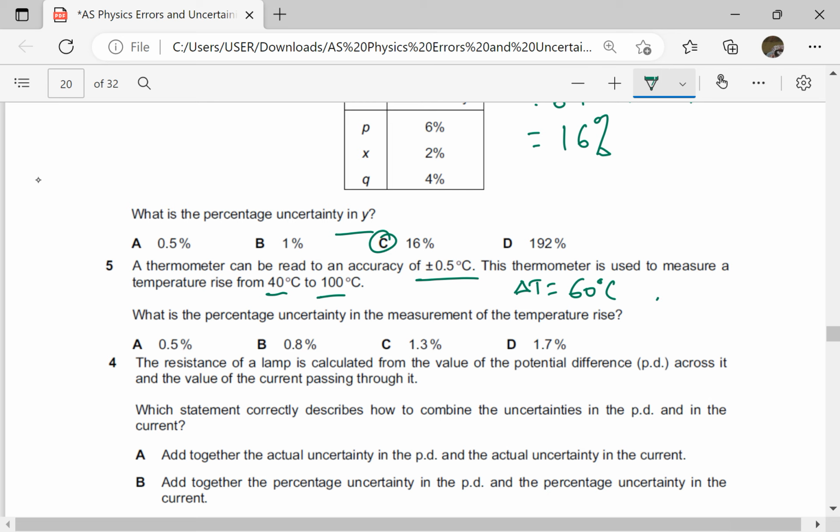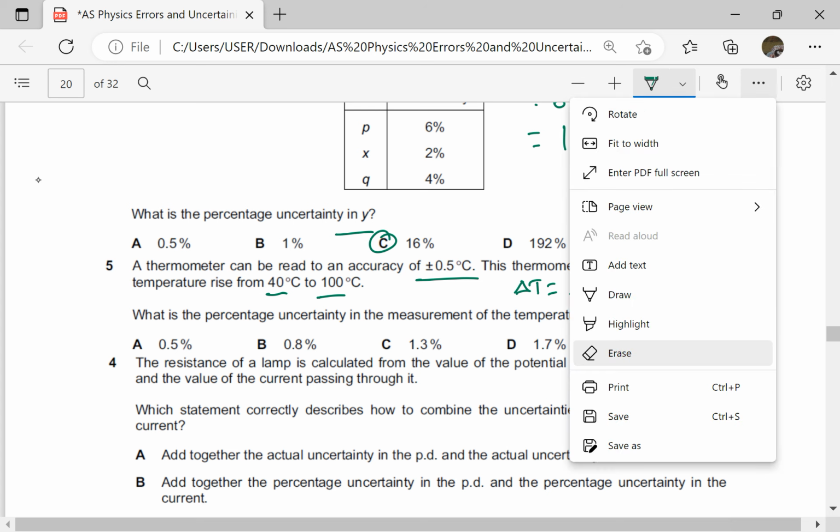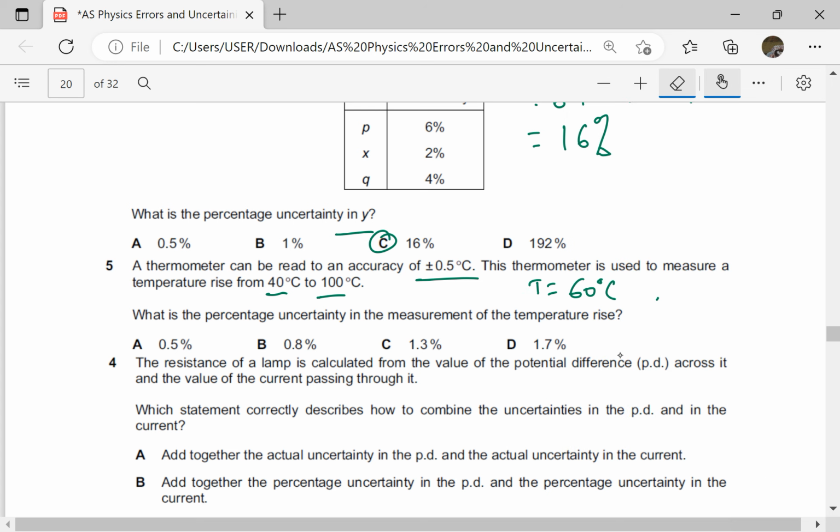Then the uncertainty, so this is the change in temperature, or the temperature rise. Then the absolute uncertainty in temperature, let me just use T for change in temperature or temperature rise, is going to be the uncertainties adding up. So this will be 0.5 plus 0.5, which is going to be 1.0 degrees Celsius.